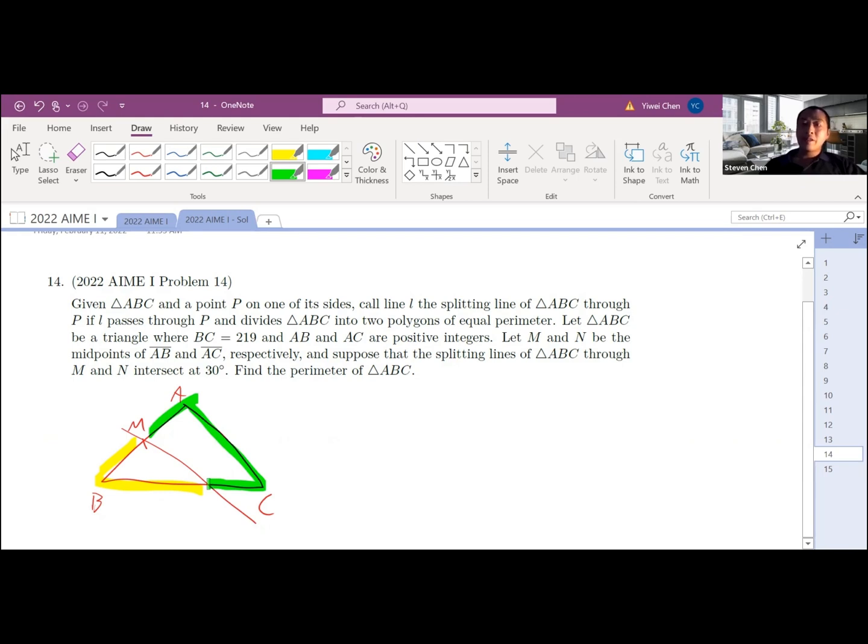We know that these two colored polylines should have equal length, right? And in addition, because the problem tells us that M is the midpoint of AB, AM is equal to BM. So we could just delete these two. So in this reduced graph, the length of the yellow part is equal to the length of the green part.